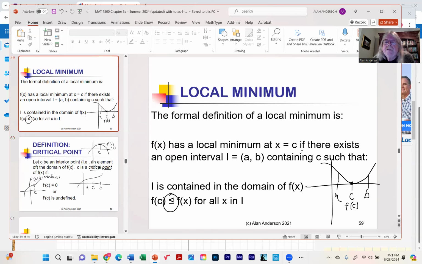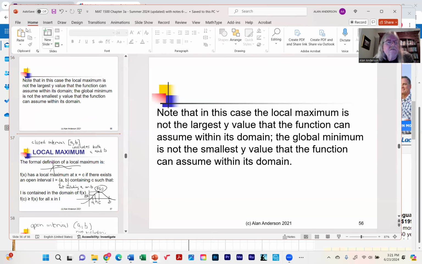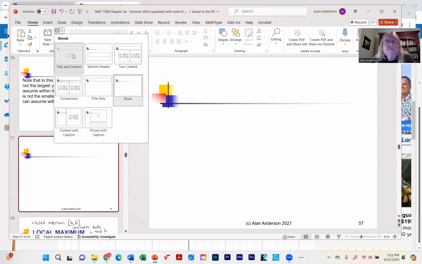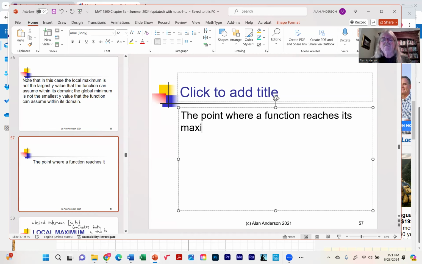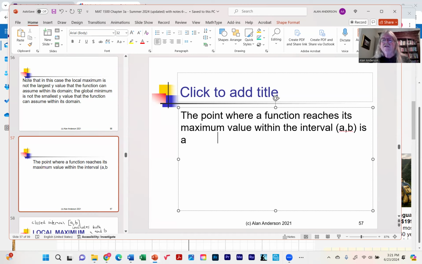One more thing I do want to mention before we go any further. We've been talking about local or relative extrema. What else is there? Let me just throw this in here. The largest point where a function reaches its maximum value within the interval a b is a local or relative maximum.